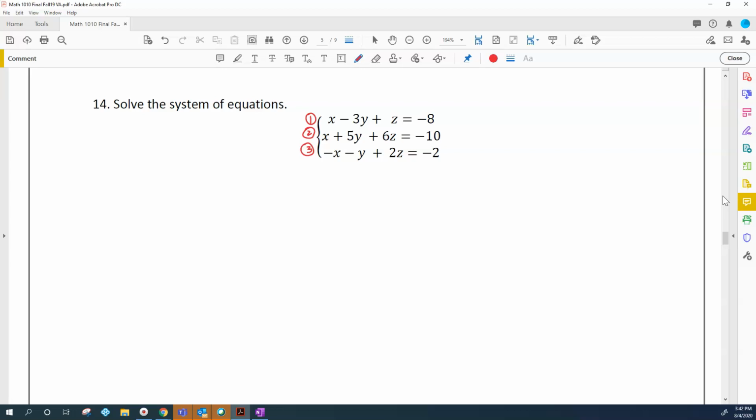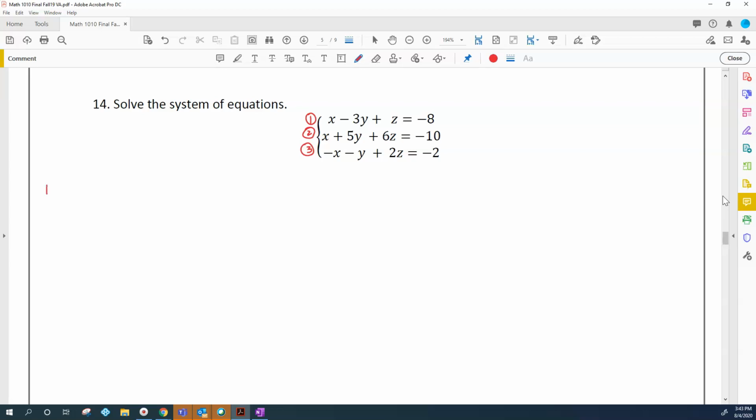Okay, Angeline said x. Why x? Can you guys see why x would be the best one? We can do 1 and 3 together, and the x's would be eliminated, and 2 and 3 together, and the x's would be eliminated. So that's why I want to choose those.